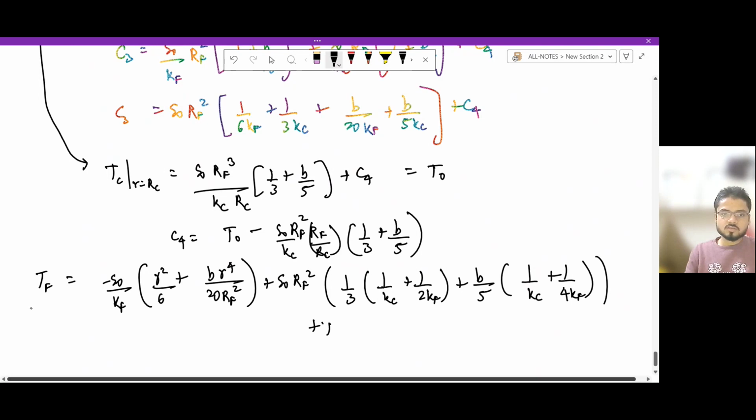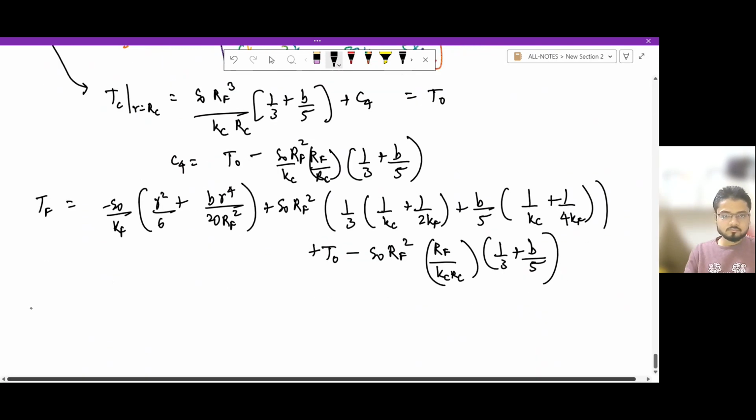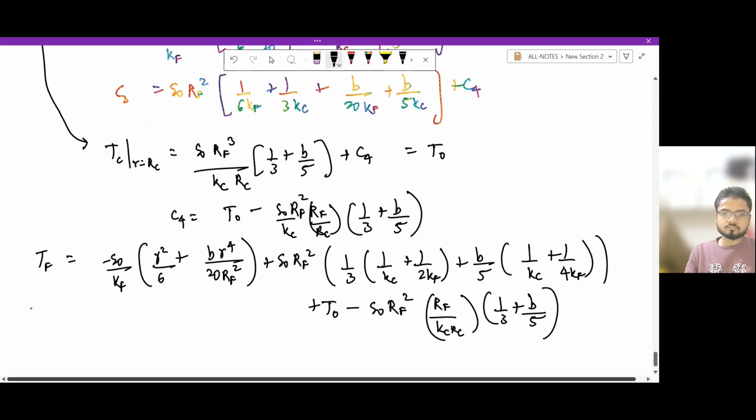And C4, we just calculated it as minus S naught RF squared RF over KCRC times 1 by 3 plus B by 5. So this is how it looks. Yeah, so I guess that's it.